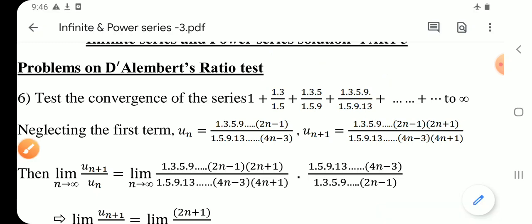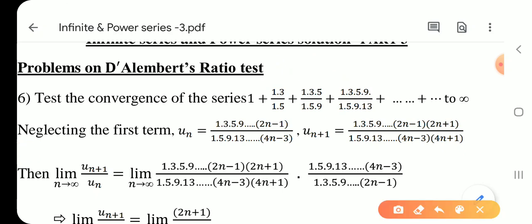So the difference between each term, second minus first, is equal to third minus second, fourth minus third. The common difference is 2. And this type of sequence in which there is a common difference is called an arithmetic progression. So this is an arithmetic progression.